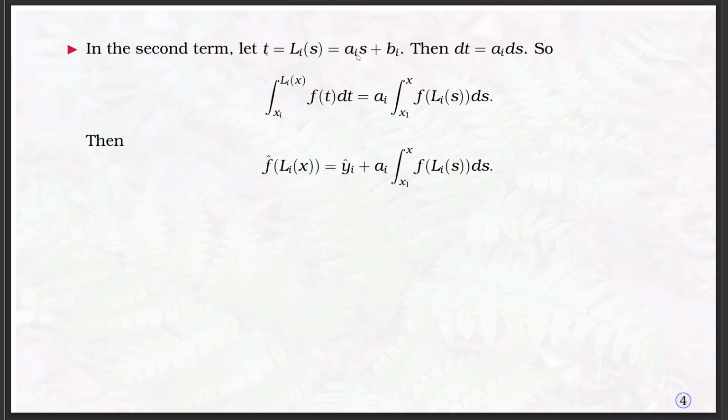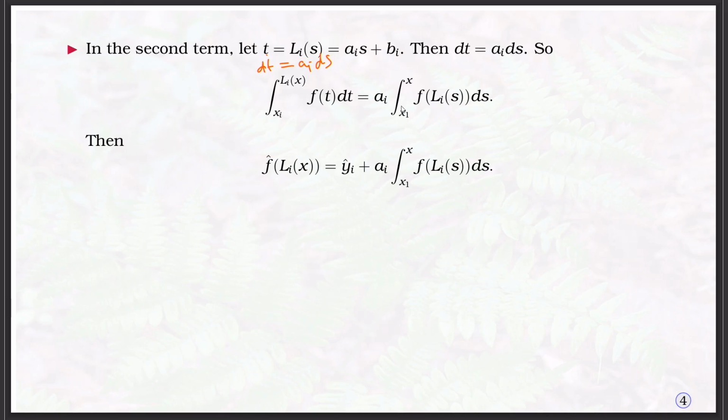Li of s is ai s plus bi, then if you are taking the derivative, dt, the bi will become 0, and we get ai ds. Therefore, this integral from xi to Li of x of f of t becomes ai times the integral from x1 to x of f of Li of s ds.